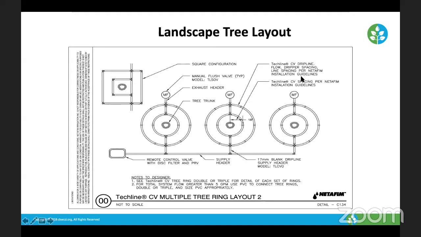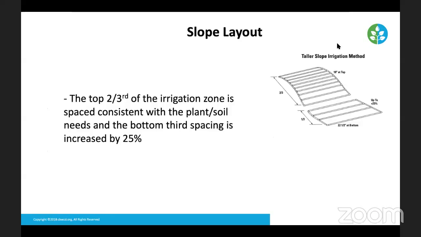Okay, another question. If the land has a slope, how do I install it? We would install it the same. We would just do linear. So we would go from the bottom of the slope, straight lines, all the way up to the top, where our spacing would be close together on two-thirds of it.